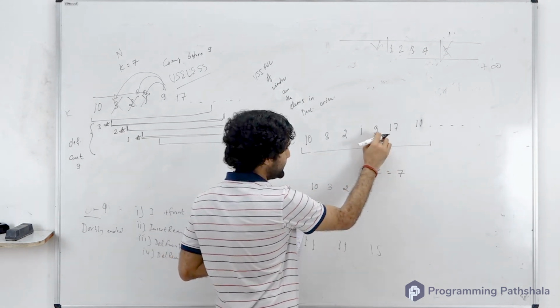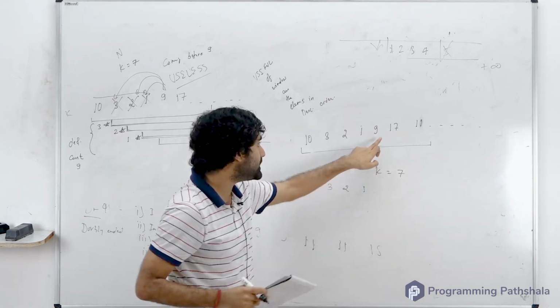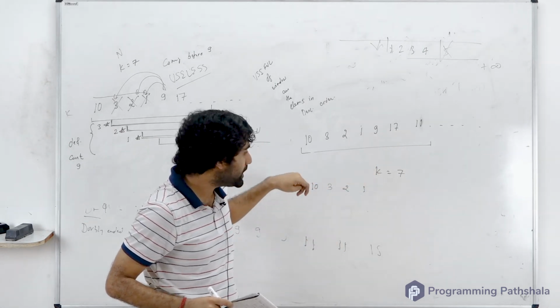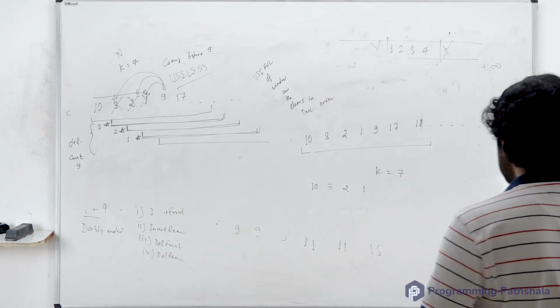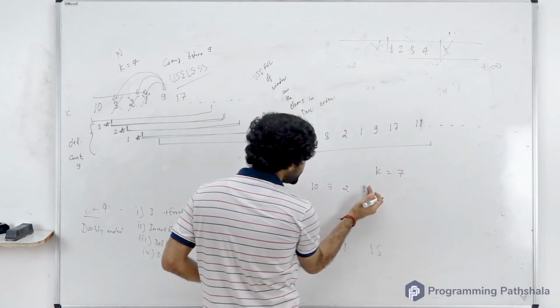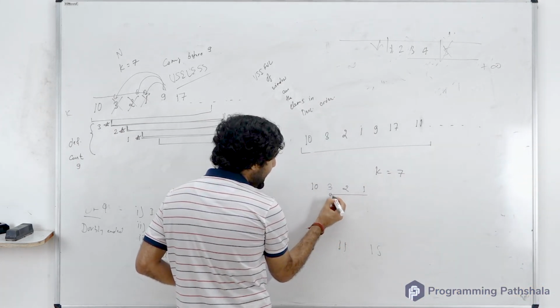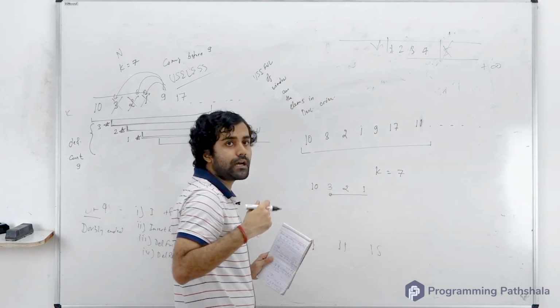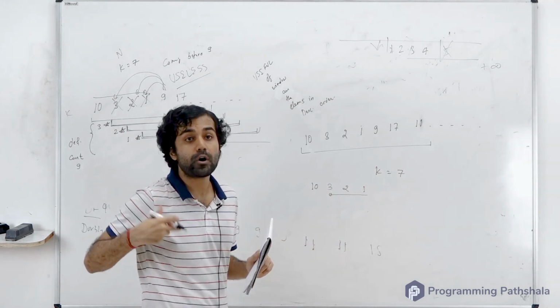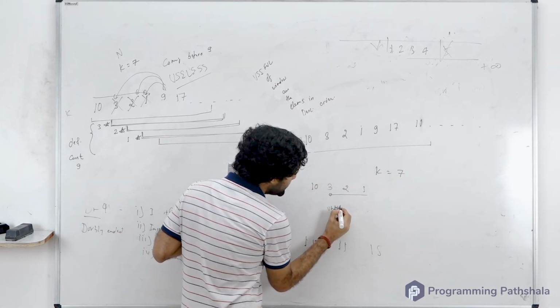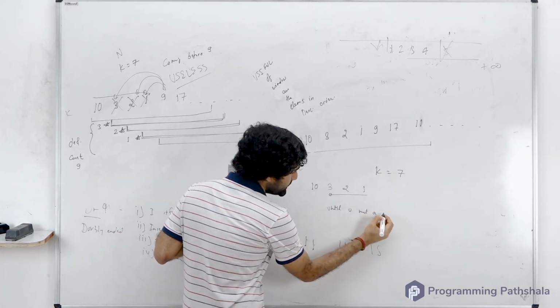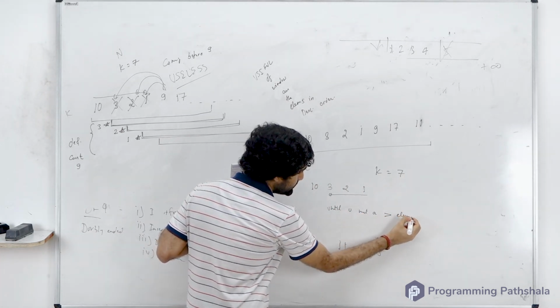Now comes this 9. The moment this 9 comes, how many elements will be rendered useless? 3 elements will be rendered useless. So for that, what would you want to do? You would want to start popping from here as long as it is possible to pop. So you will continue popping until you meet a strictly larger element.